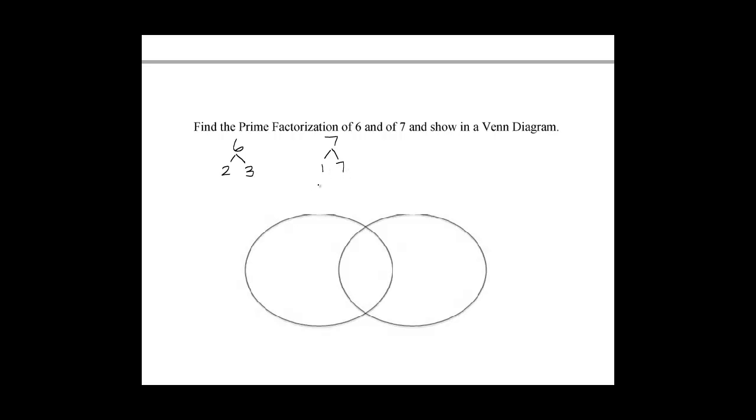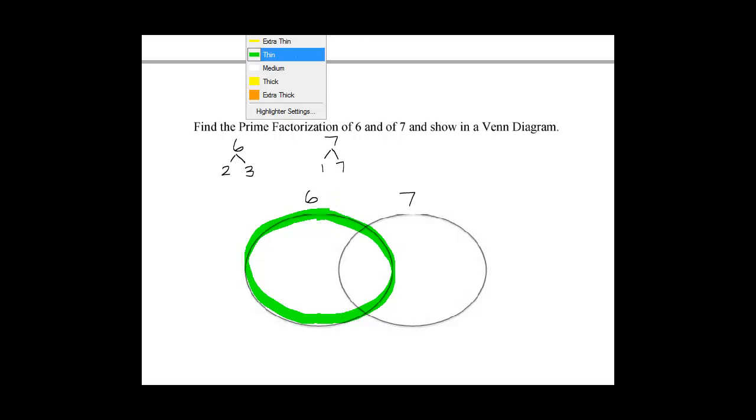All right, let's look at this Venn diagram and we'll show these two numbers in that. So this is 6 and this is 7. In the green, we're going to put the prime factors of 6, and in the yellow, we're going to put the prime factors of 7. If there's any prime factor common to 6 and 7, we'll put it in this intersection in the middle here.